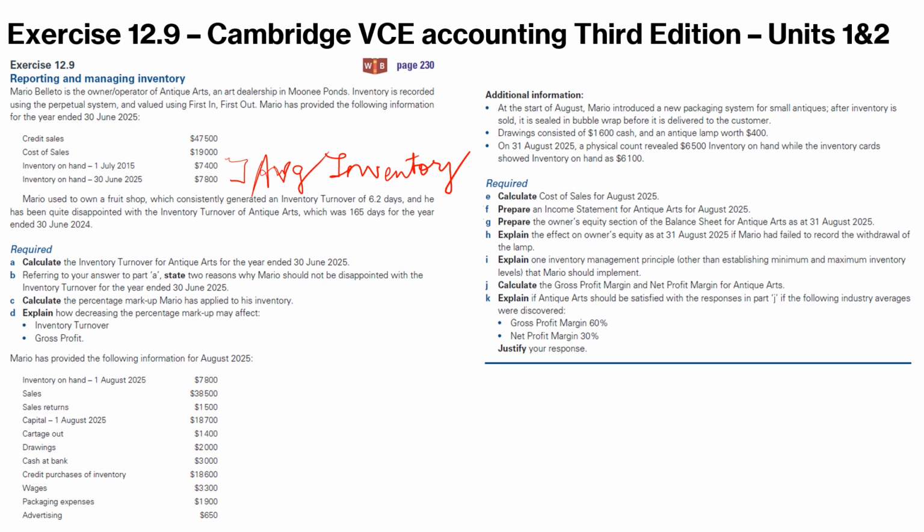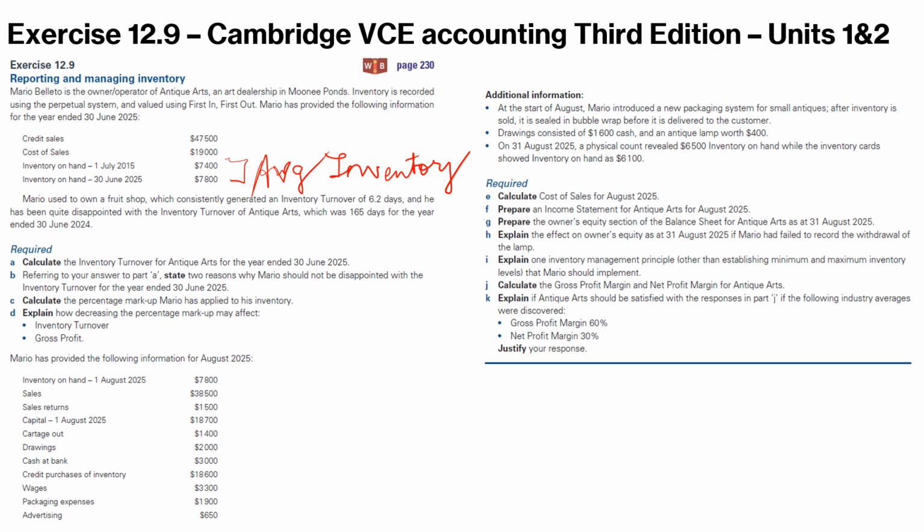Please remember, they're two different businesses altogether: a fruit shop versus antiques. Fruits are perishable, cheaper goods that will be sold relatively quickly, versus antiques, which are quite expensive, and if they're expensive, it's probably going to take a bit longer to sell them. So there's that difference in the nature of the goods being sold.